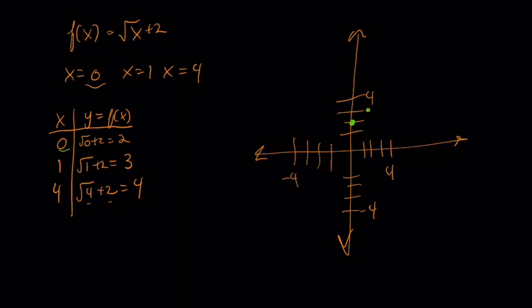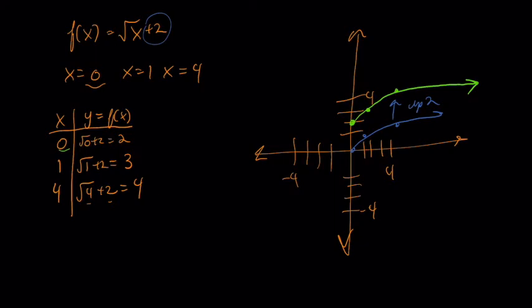I have when x is 1, y is 3. And I have when x is 4, y is 4. So here's my radical graph. I know it's going to look like this. So this was our original graph that we had, except now it's shifted up 2. And we did that using this vertical translation.